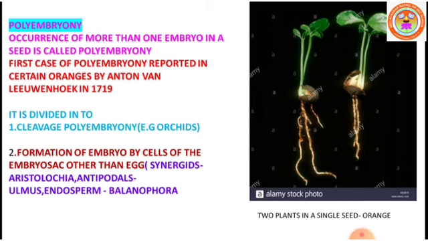So polyembryony takes place from the embryo sac other than the egg: from synergids in Aristolochia, from antipodals in Ulmus, from endosperm in Balanophora.